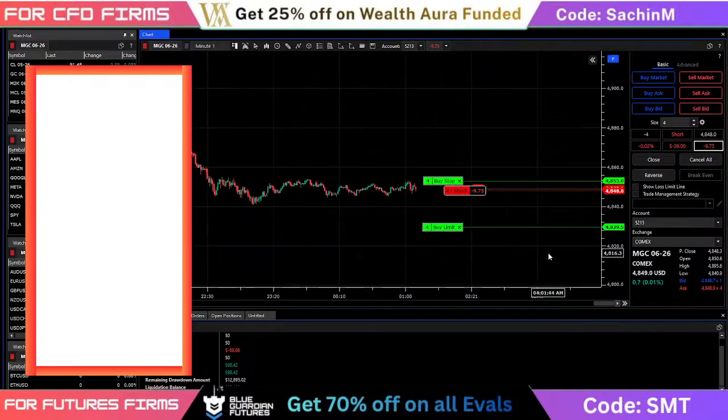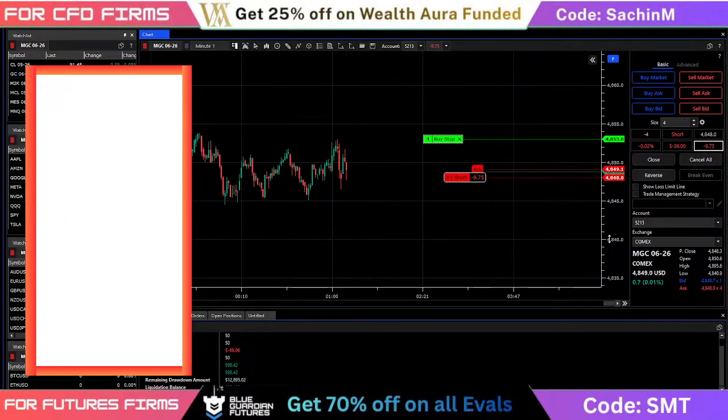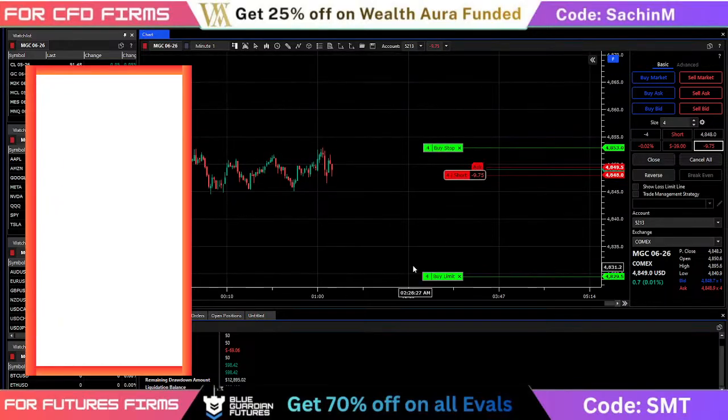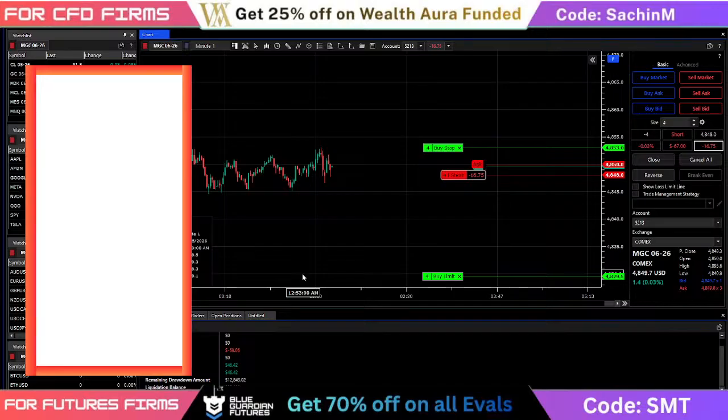Order modified. I think this is a fair risk to reward ratio, quite fair. So we just crossed the macro time frame, that is 12:50 to 1:10 macro, AM session.